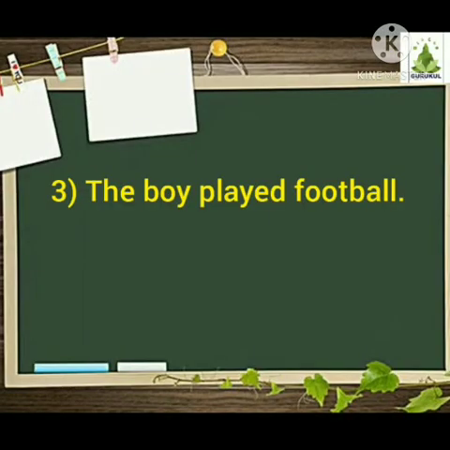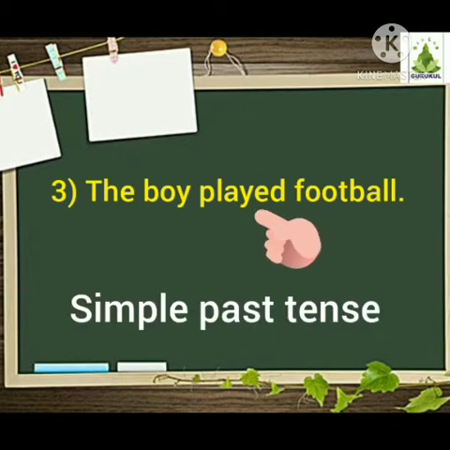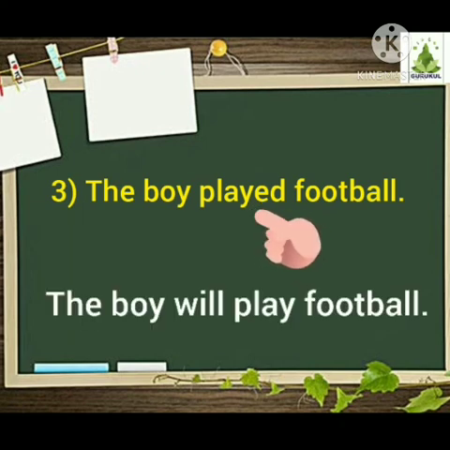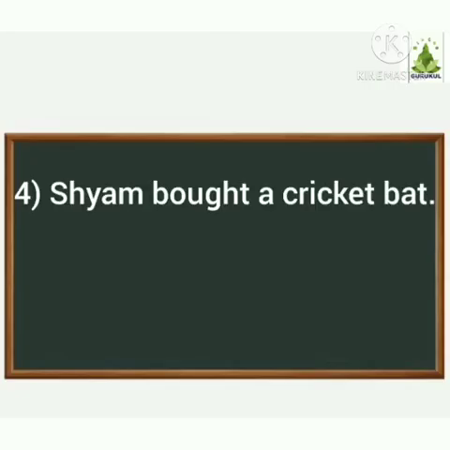Third, the boy played football. Here, the word played indicates this sentence belongs to simple past tense, as played is the past form of play. Answer: the boy will play football. Fourth one, Sham bought a cricket bat.